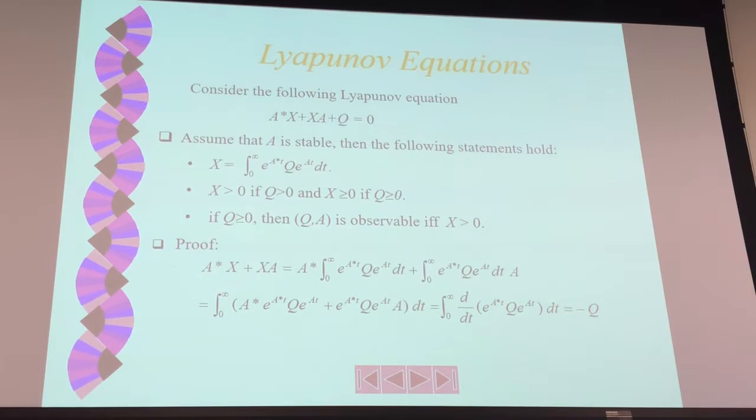A is an n by n matrix, and this is a transpose. A is an LTI matrix, and itself is stable. Some people say stable, and some people say Hurwitz.